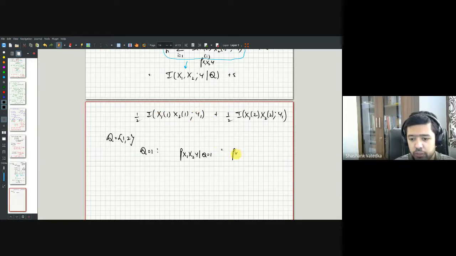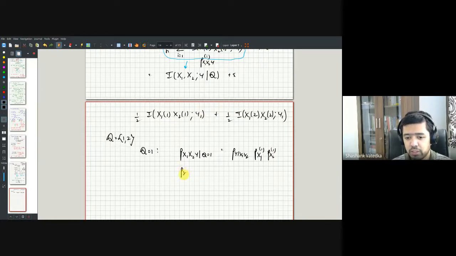It is P of Y given X1, X2, which is specified by the channel, times P of X1,1 times P of X2,1, which gives you the distribution for this mutual information term.